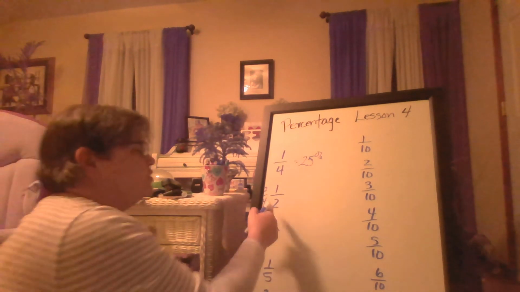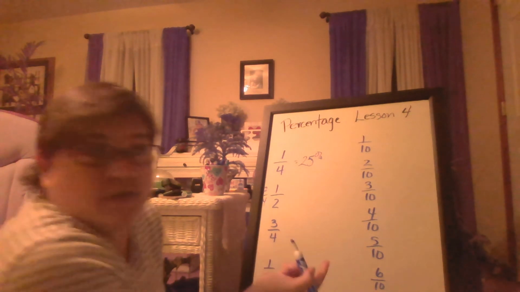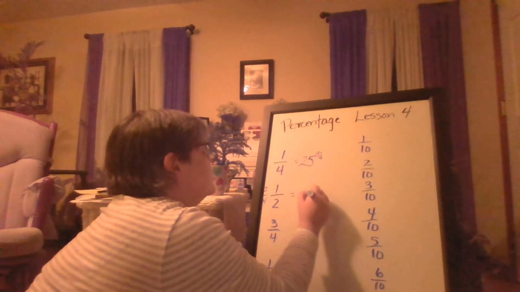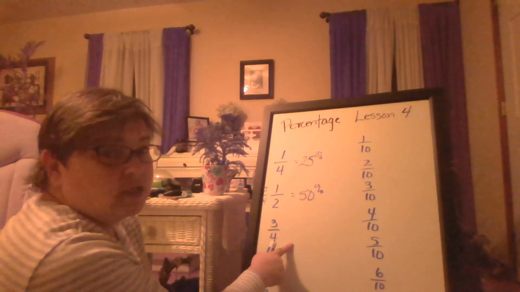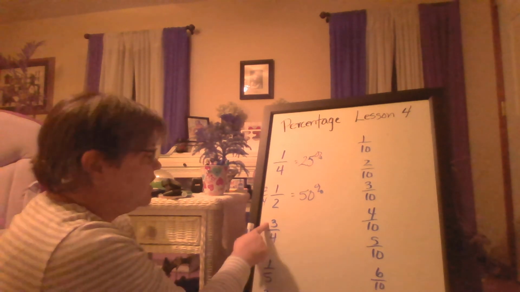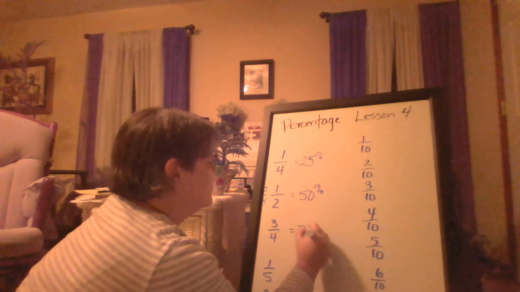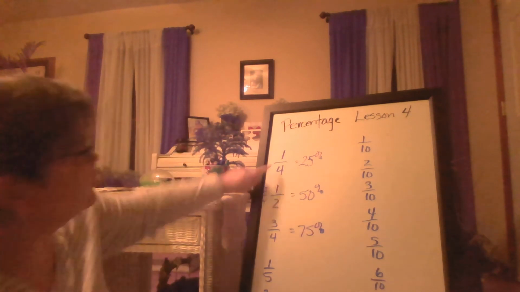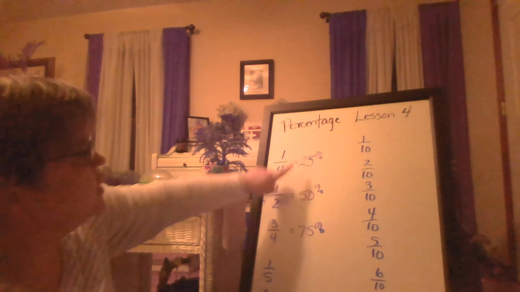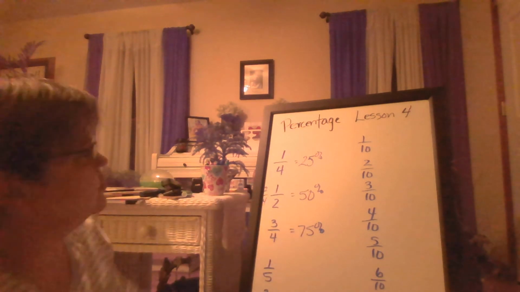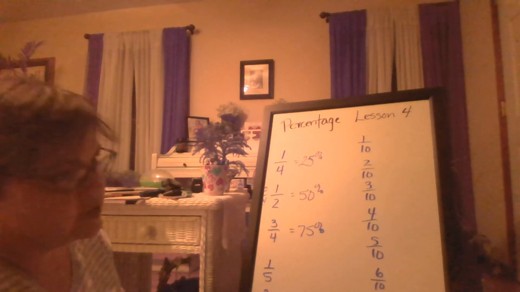So we know that 2 goes into 100 50 times. So this is 50%. 4 goes into 100 25 times, 25 times 3, that's 75%. So those are, I call them, the denominator 4 fractions that you need to know: 25, 50, and 75%, which is 1/4, 1/2, and 3/4.